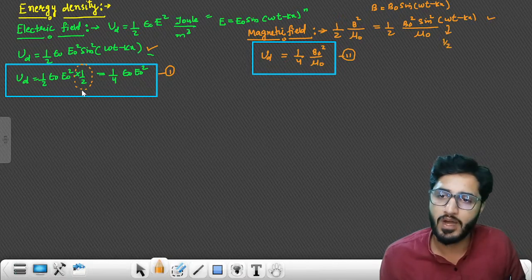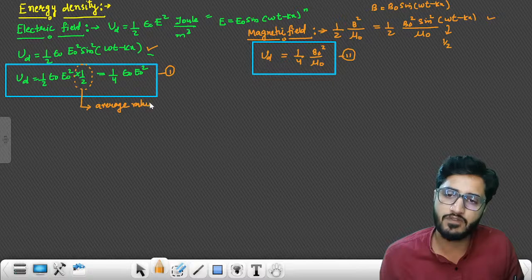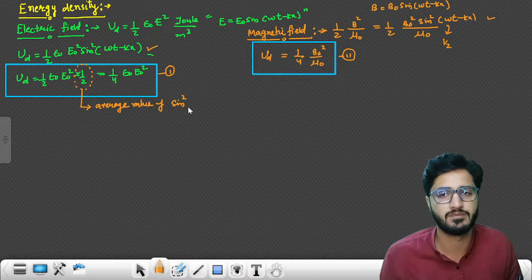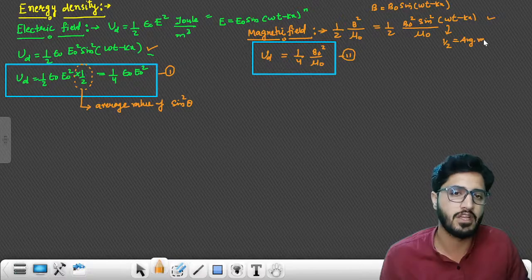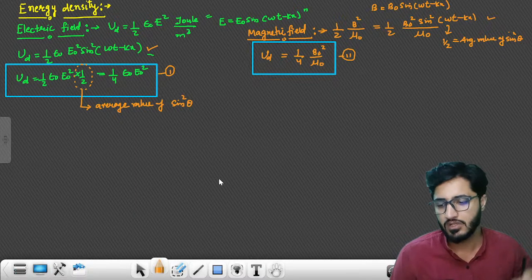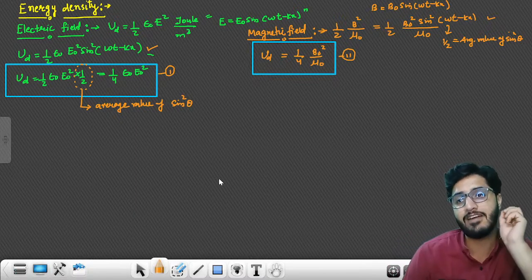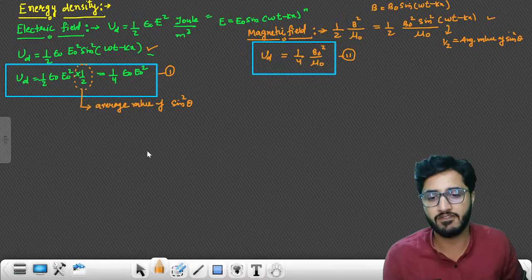Because 1 by 2 is the average value of sine square theta. Here also 1 by 2 is the average value of sine square theta.